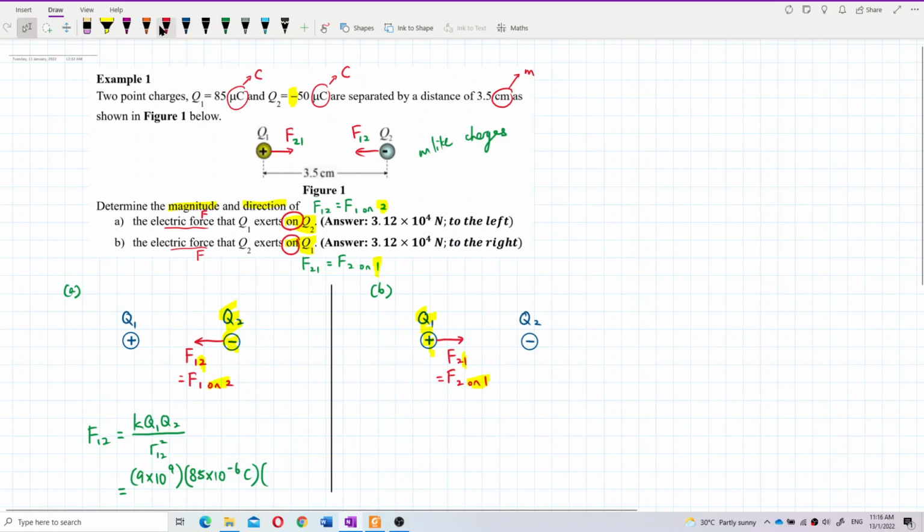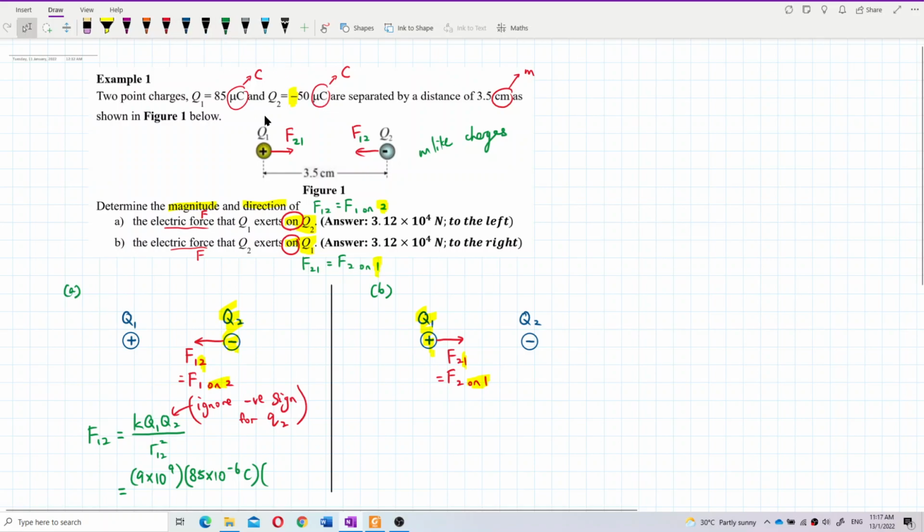So for this calculation, I know that this Q is a negative charge, but you ignore the negative sign for Q2. You just put the positive value, positive 50 microcoulomb.